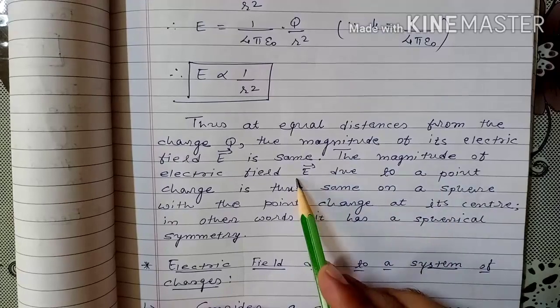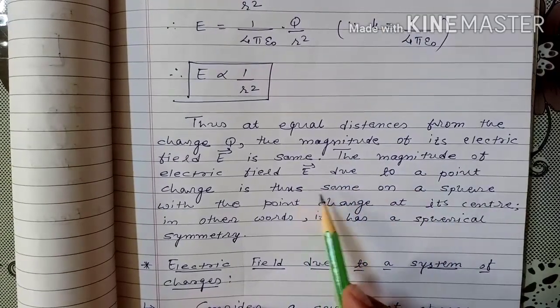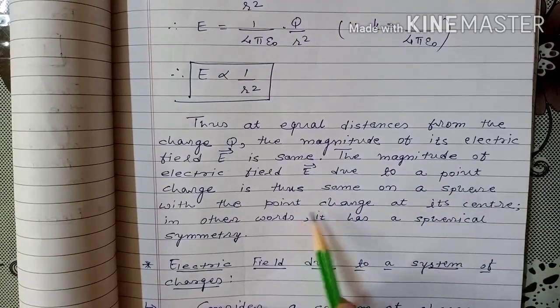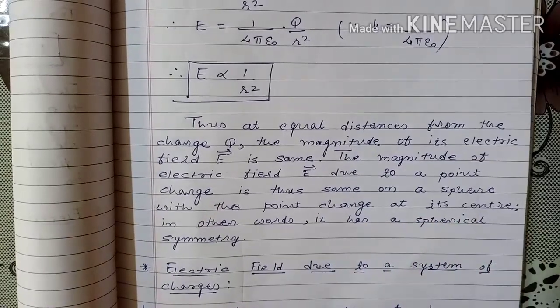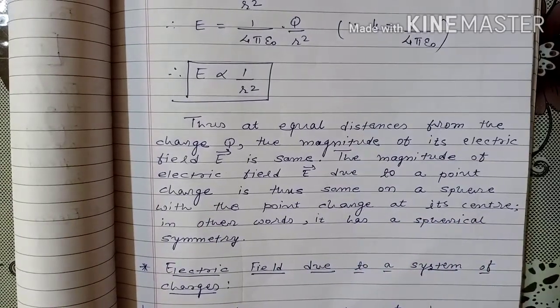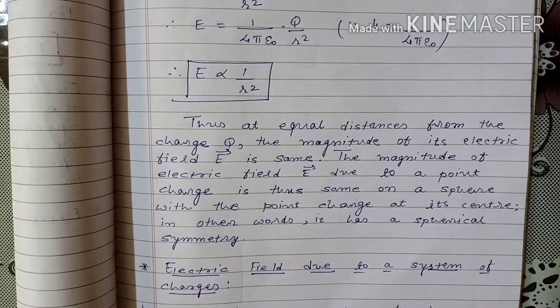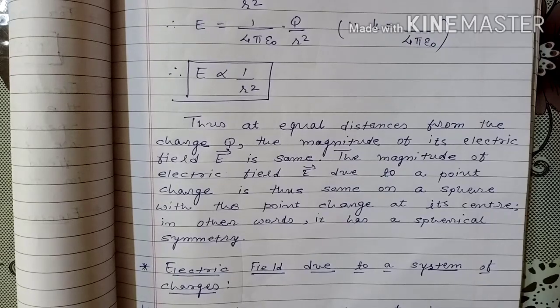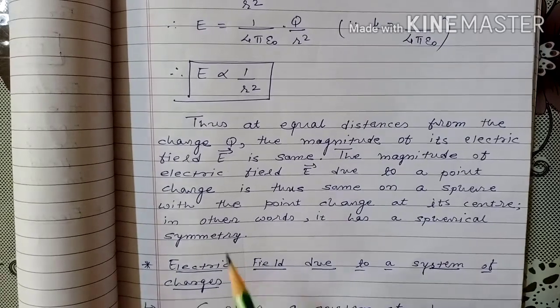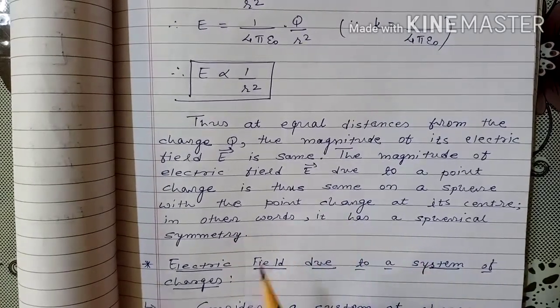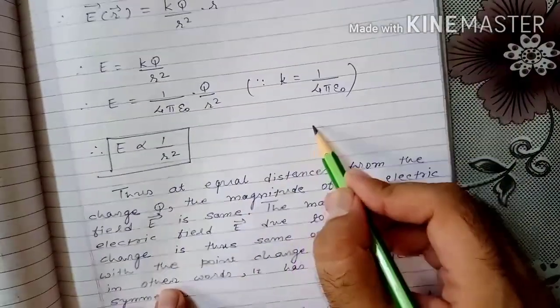The magnitude of electric field E vector due to a point charge is the same on a sphere with the point charge at its center. When we place this source charge at the center of sphere, and if we observe the effect at a distance r at each and every point of the sphere, then its value of electric field, magnitude of electric field will remain same. In other words, we can say that it has a spherical symmetry like this.